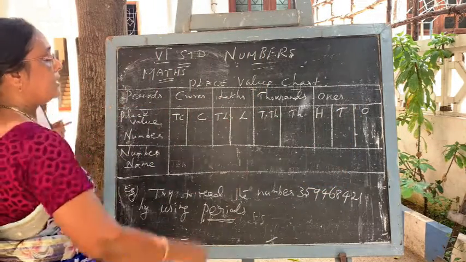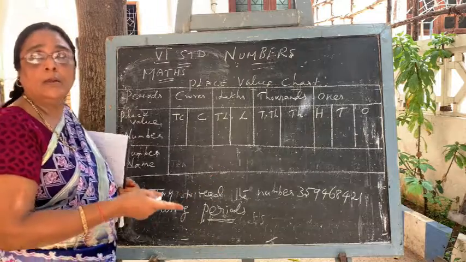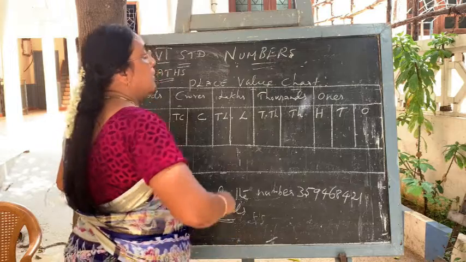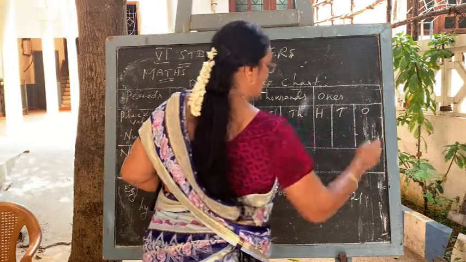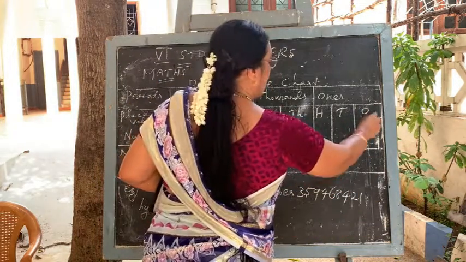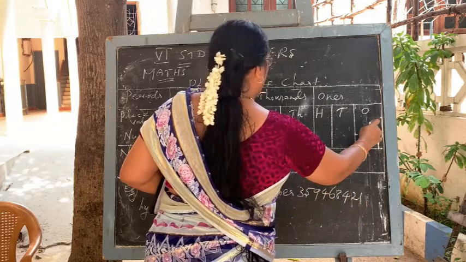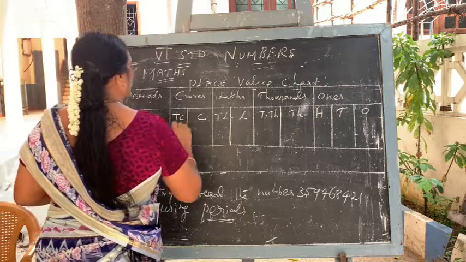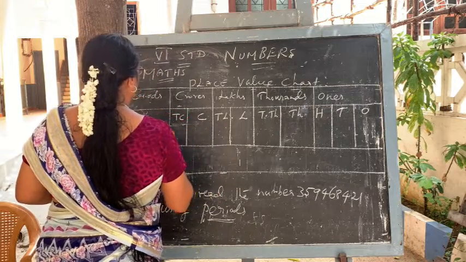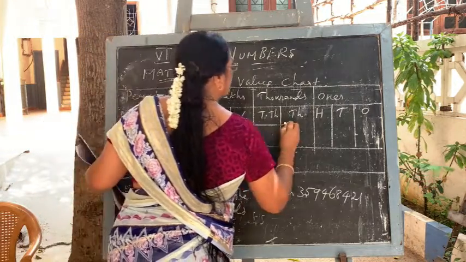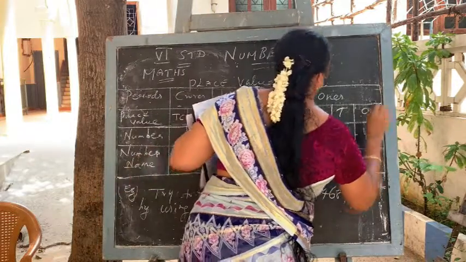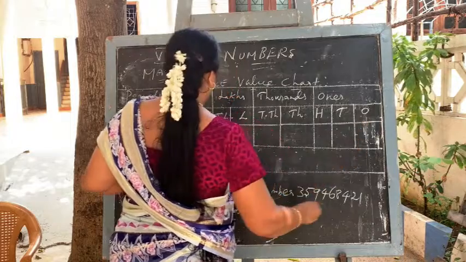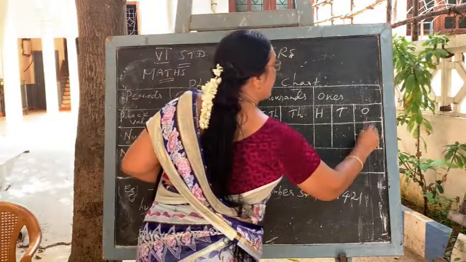Now you substitute the values. What is the number given here? You have to write it from the ones. Then only you can write it correctly. Now I have to substitute the ones here. What is the ones here? I will write the numbers in the appropriate digits. For ones, 1 you have to write.